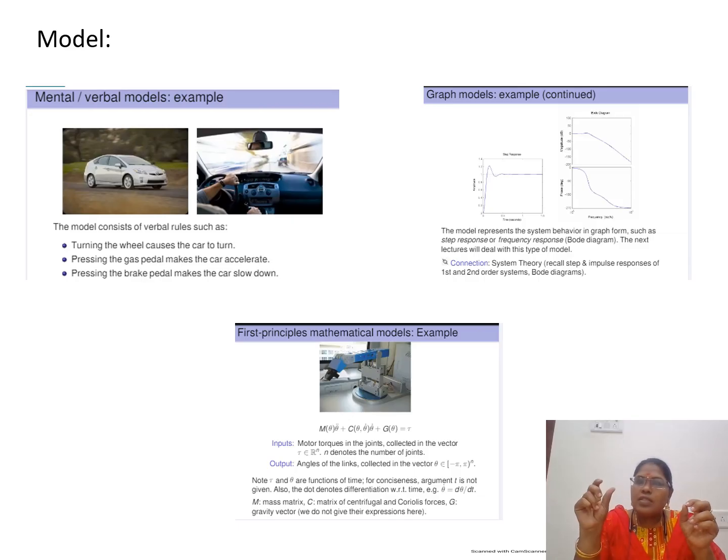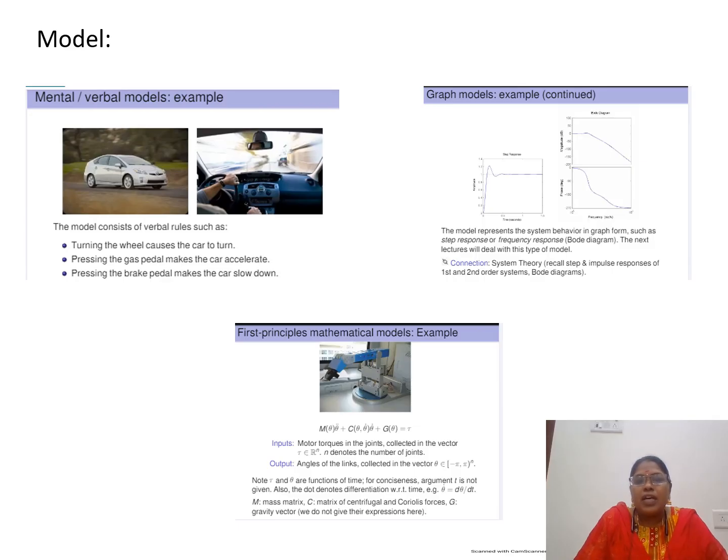For this system, you first use the mass balance equation to develop the mathematical model by obtaining the differential equation. Once you get the differential equation, apply Laplace transform and find the transfer function, that is, the output of the system to the input of the system. That gives the transfer function, which is nothing but the mathematical model. Similarly, there are various models. We have studied this mathematical model in process control.